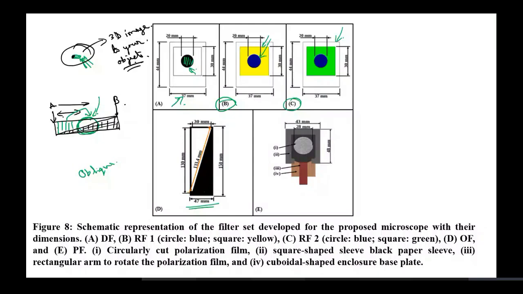Now you would say, sir, we talked about DIC yesterday. It was also doing the same thing. So why do we need this? The thing is that when you go into DIC microscopy, it would cost you in lakhs. However, if you use this oblique illumination filter, it would give you a similar effect.